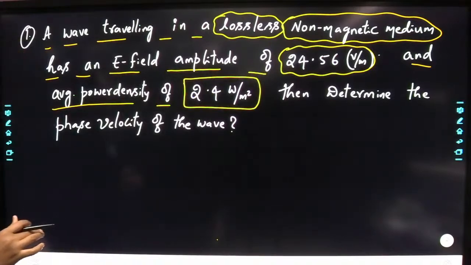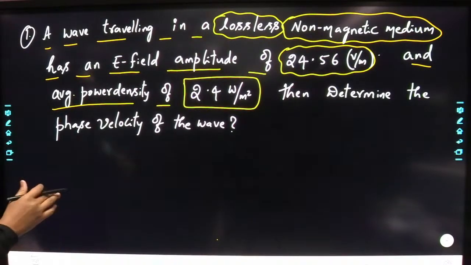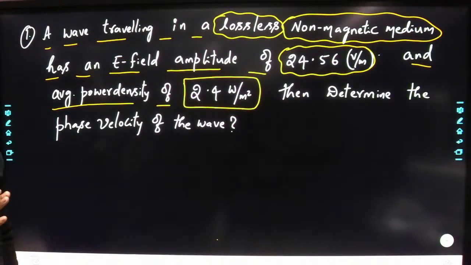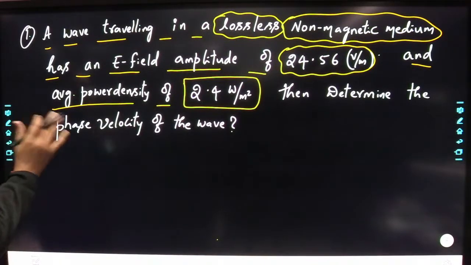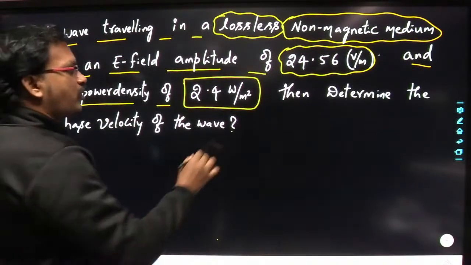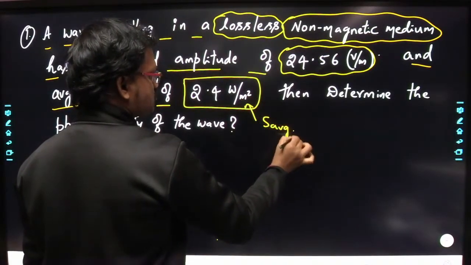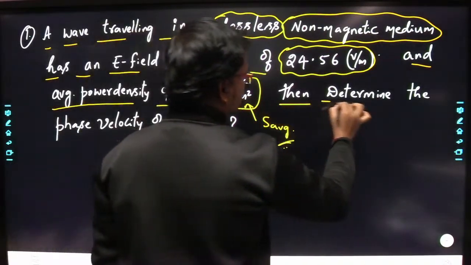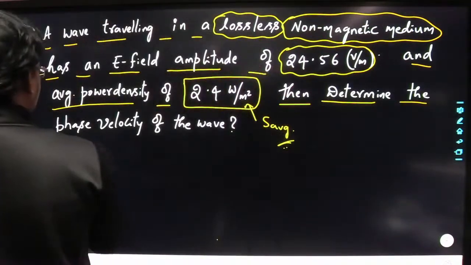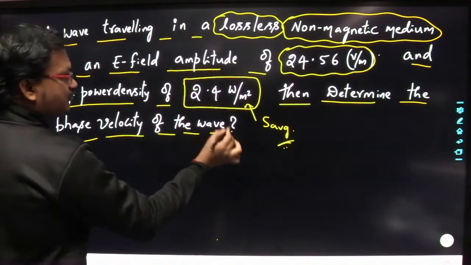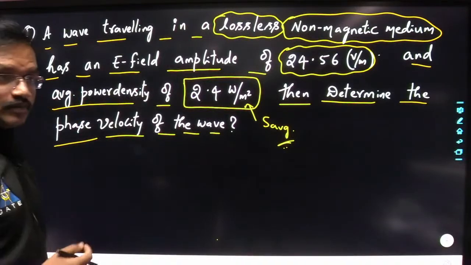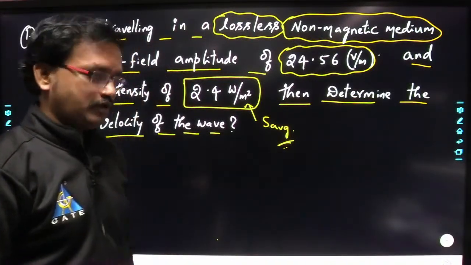Average means time average here, so they have given S average. Then they are asking to determine the phase velocity of the wave.